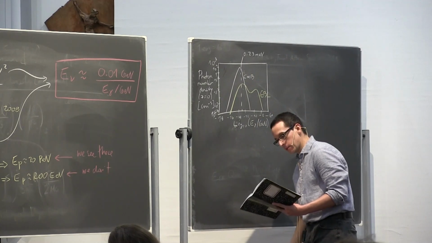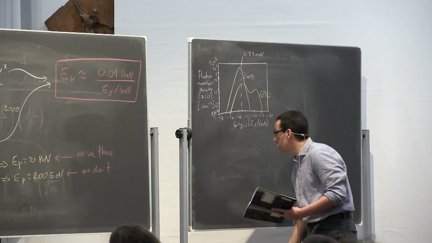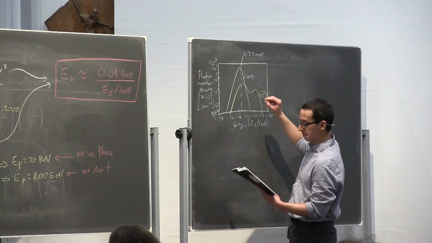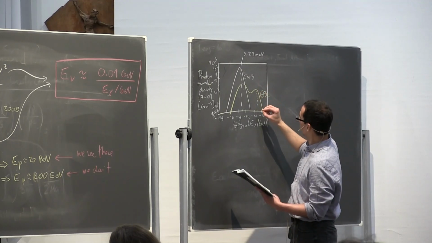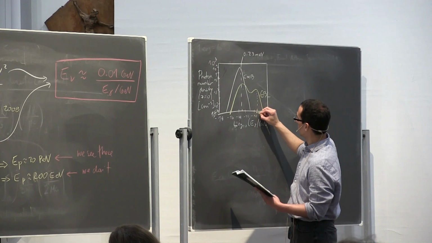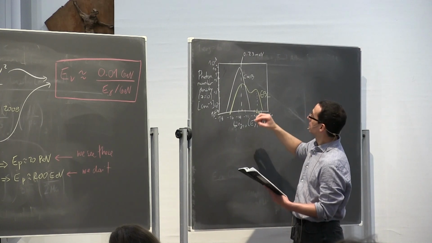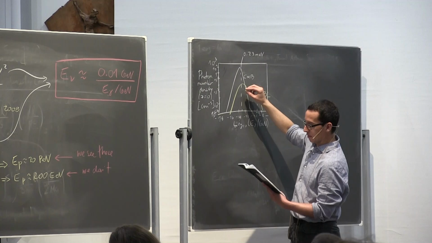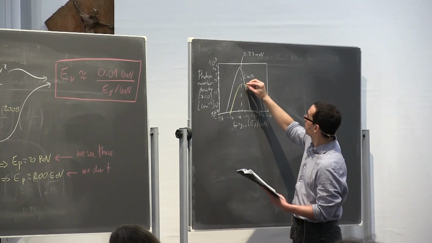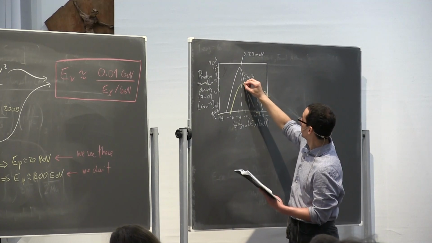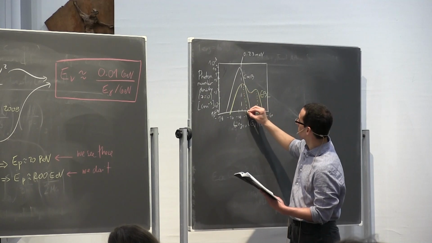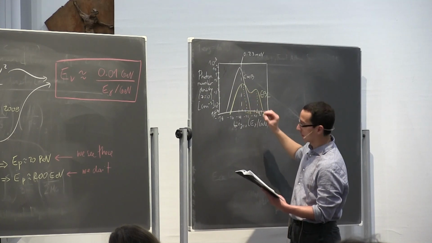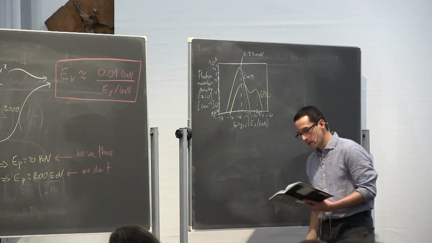Why am I drawing this? Because it will become important in a moment. This is roughly at -9, the peak in GeV. This should be -11, apologies for that.